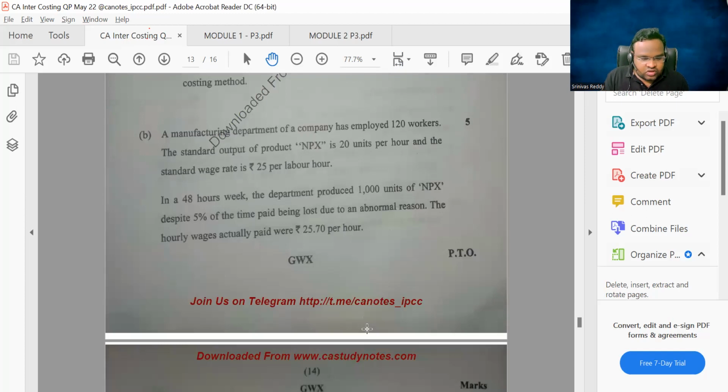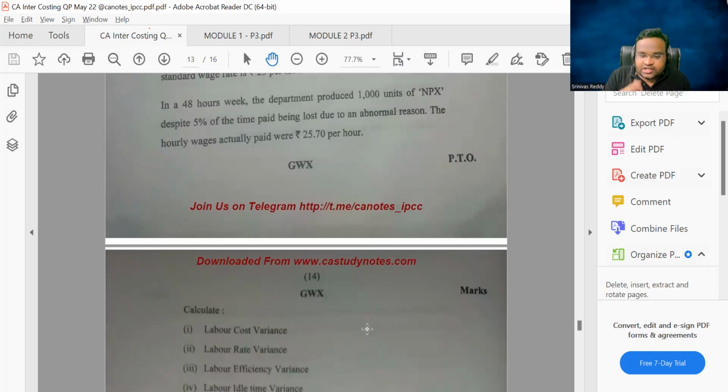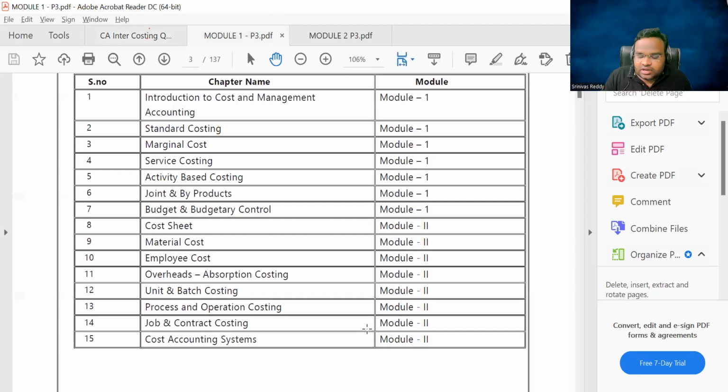Now, with respect to 4B, this is about time paid loss due to abnormal reason. If you see this 5% with respect to labor cost variance, labor rate variance, efficiency, idle time variance, this question I kept under practice questions.